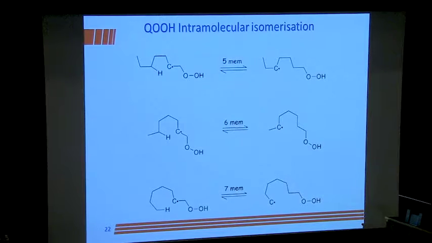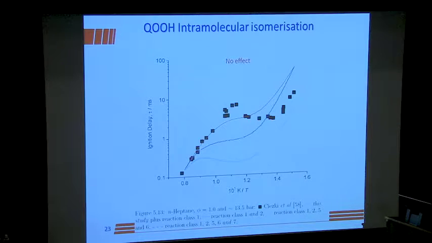And if you inter-isomerize these into other QOH radicals, which can happen for long chain molecules, fairly facile. Okay? And we included that. Actually, it made no change. So the agreement was the same. Okay? So that had no effect on reactivity. So that was one place where we saw no effect.